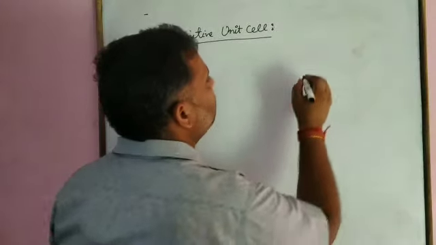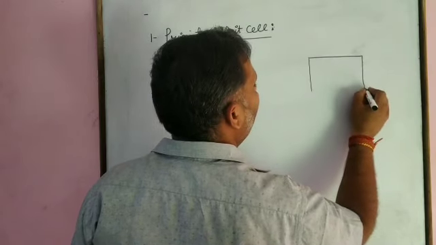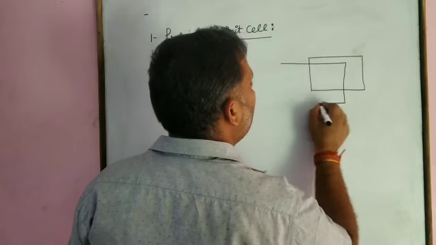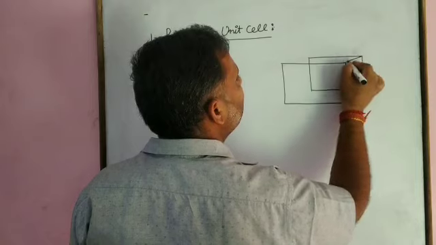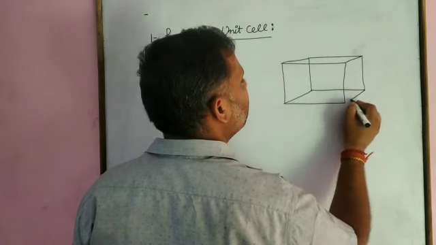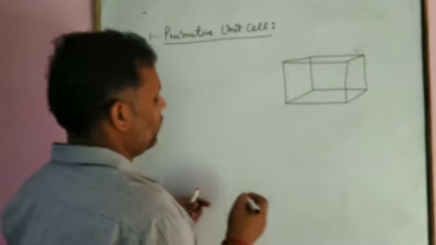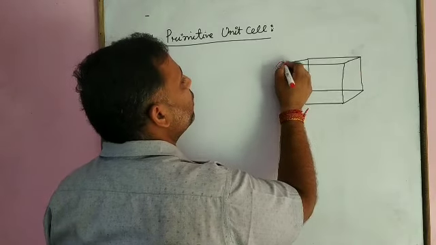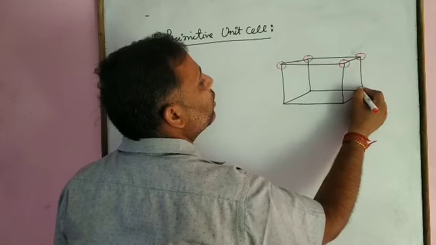I will draw it. This is primitive unit cell, in which the atoms are only and only present at each corner.